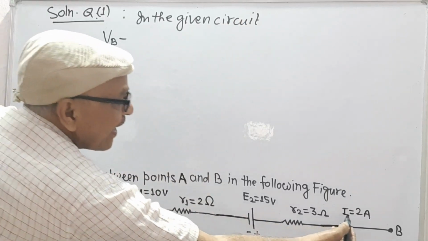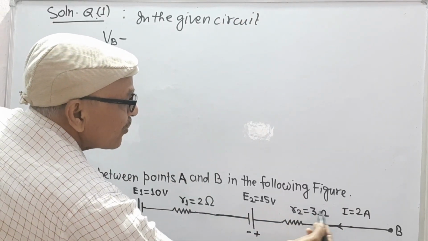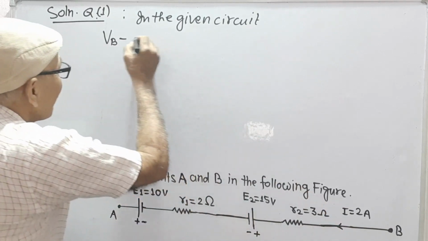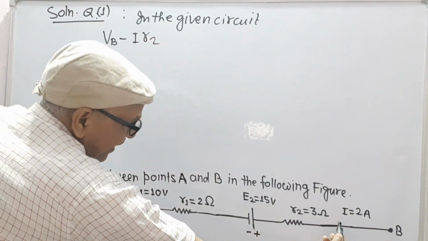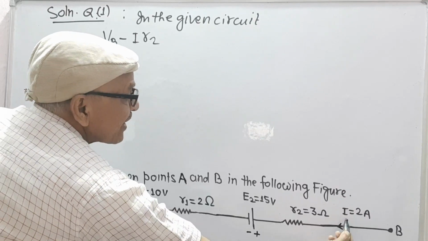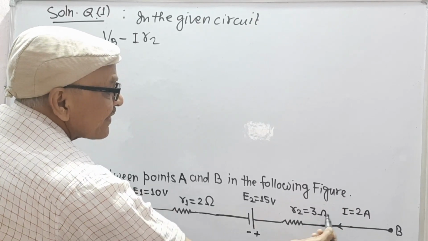I into R2 is taken negative because it is in the direction of current.